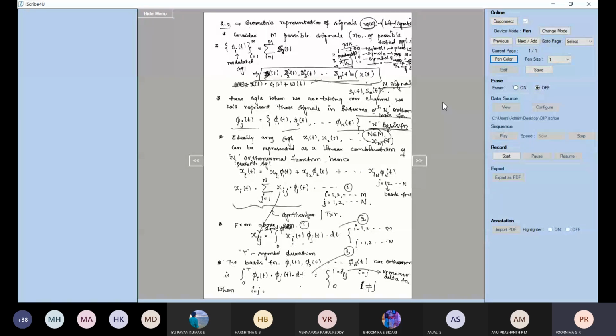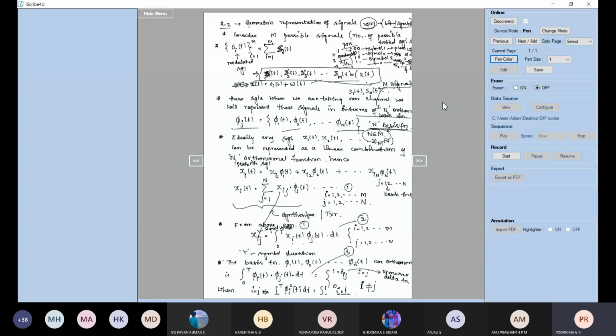In equation 3, i equal to j implies the integral from 0 to T of phi i squared of t dt is equal to 1, and when i is not equal to j, its value will be 0.